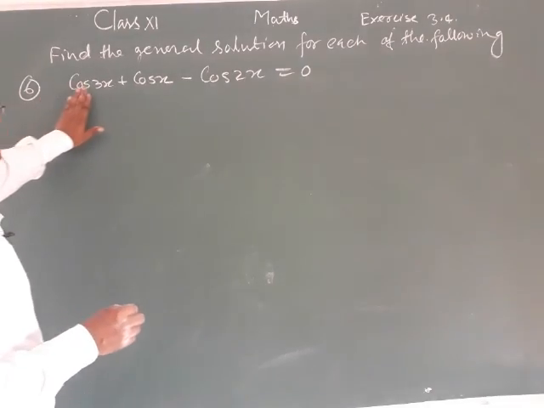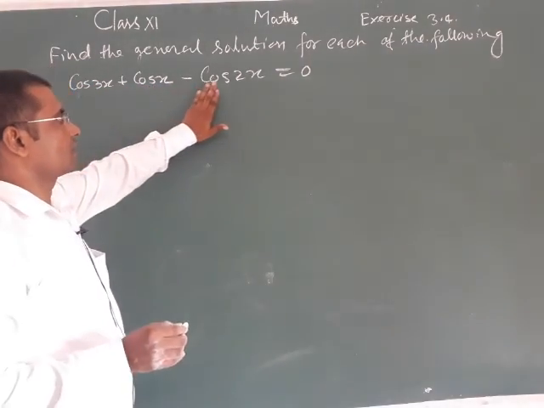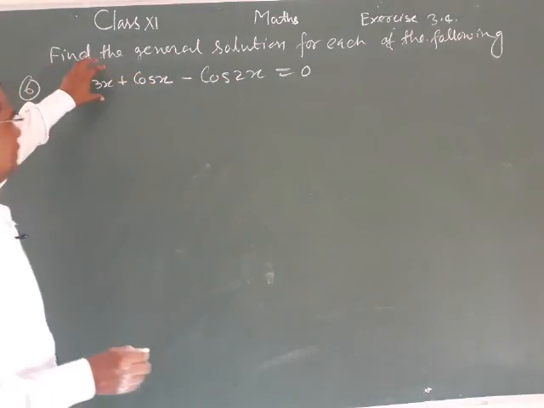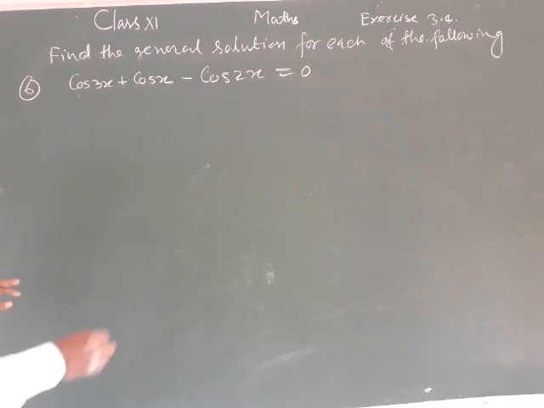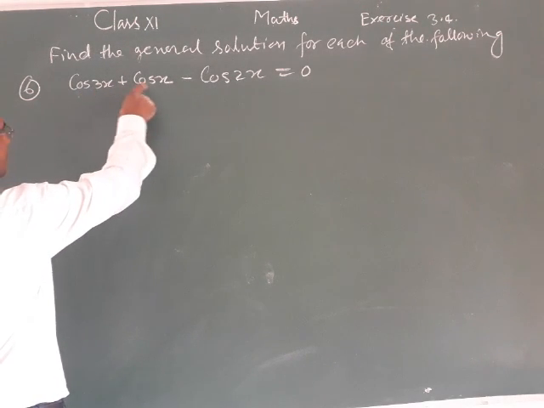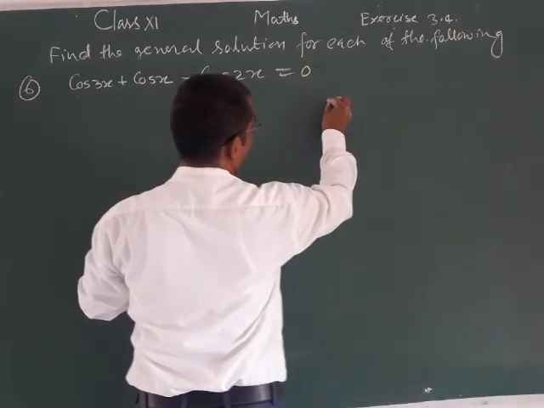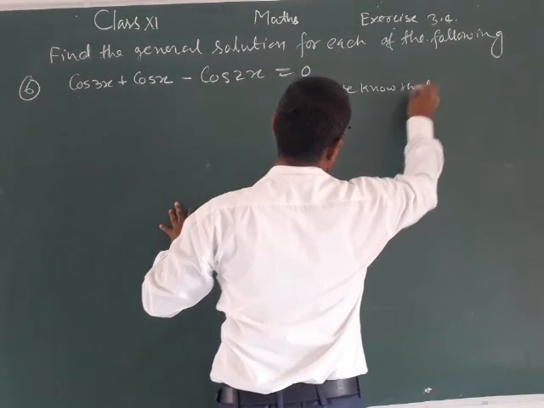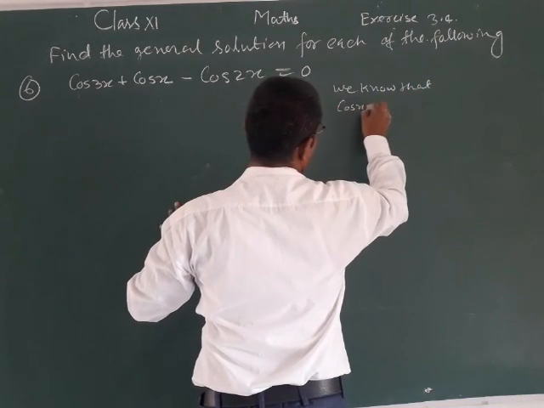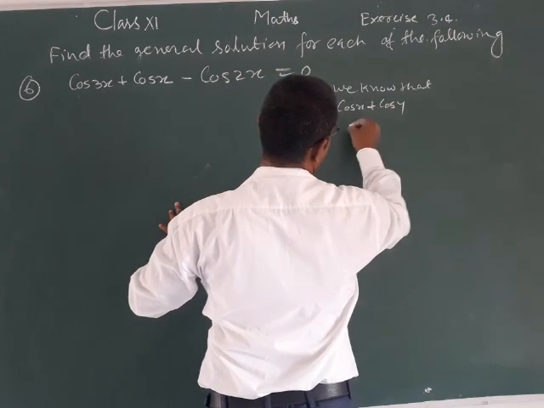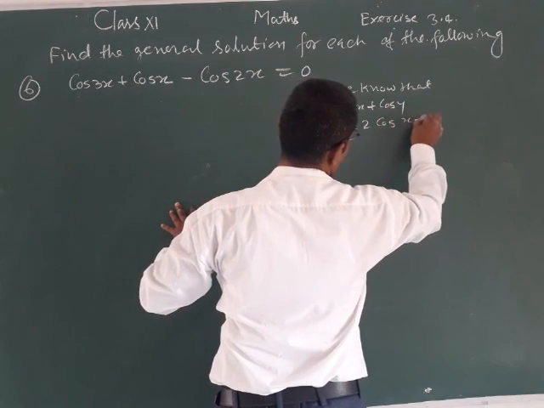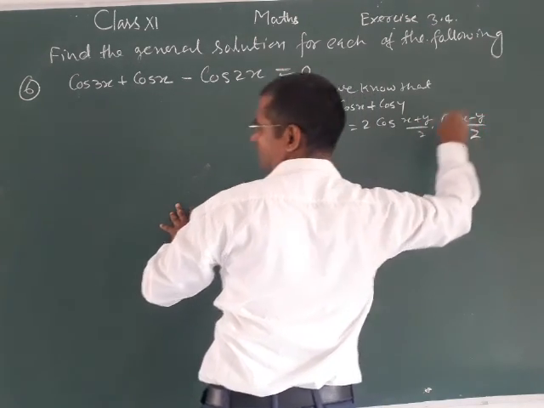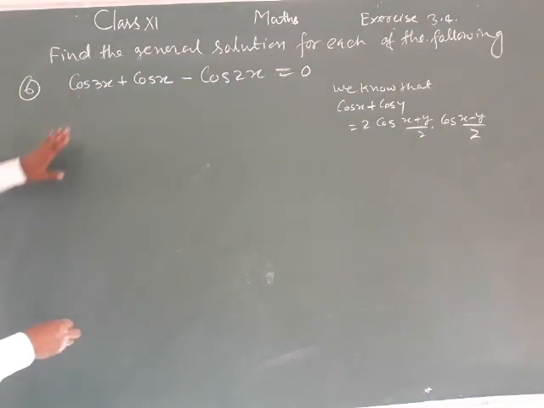Question number 6. cos 3x plus cos x minus cos 2x is equal to 0. Find the general solution of the given equation. We know that cos x plus cos y is equal to 2 cos (x plus y) upon 2 into cos (x minus y) upon 2. This formula is used in this way.